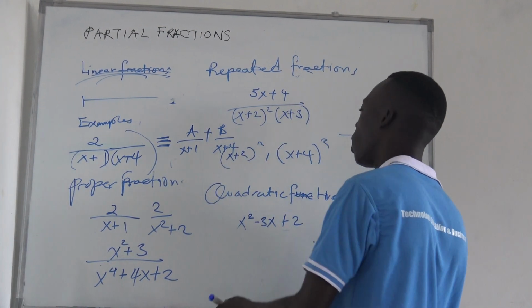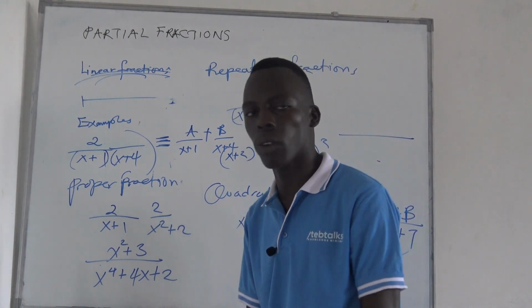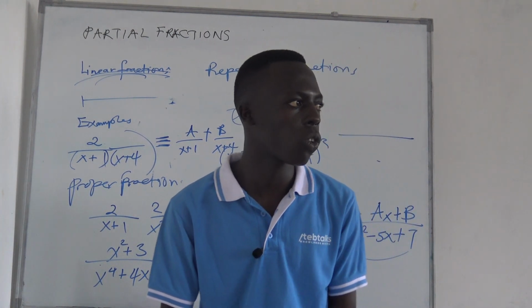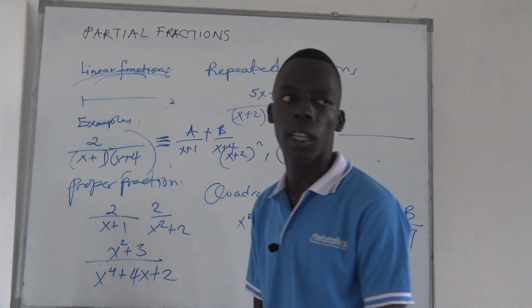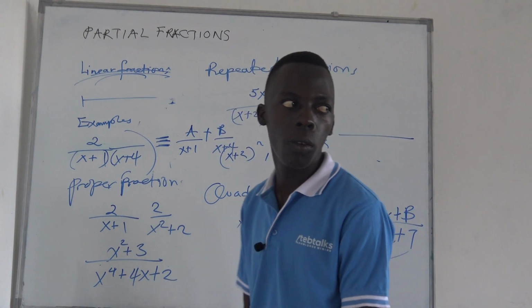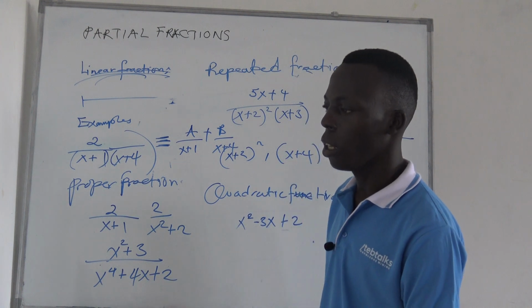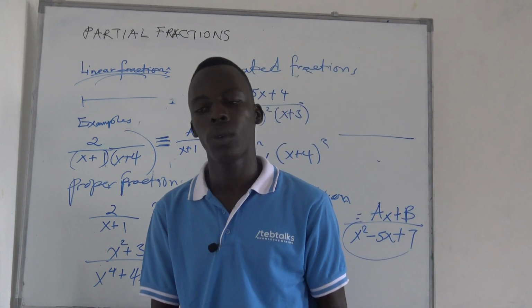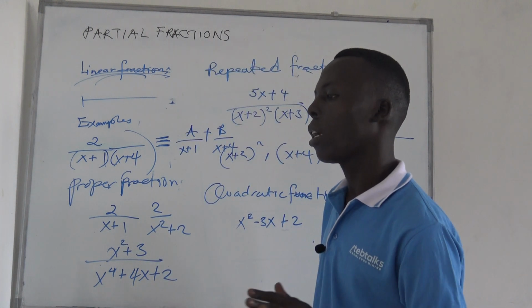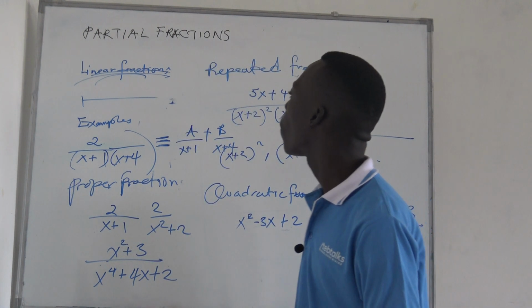But when you meet anything which cannot be split into its simplest form, you apply the component of x in it. Having got that, we can continue with the discussion by looking at the examples.